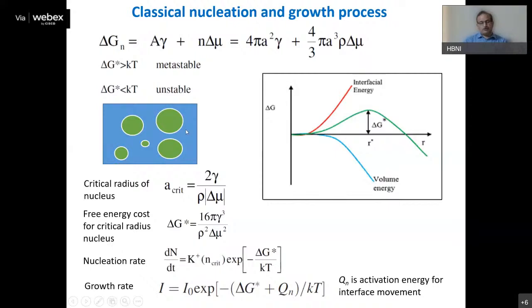For that, one has to invoke heterogeneous nucleation theory. In that case, there will be some sites where the probability of nucleation is more, such as defect sites, maybe some stress concentrators. We will discuss these things when I talk about plastic strain-induced phase transitions.